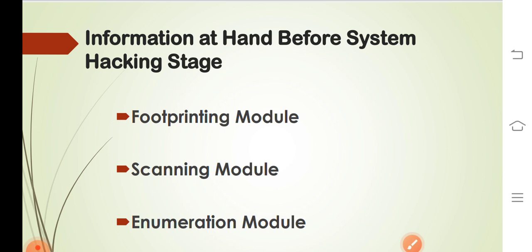However, it is possible that the attacker stumbles upon remote IPC$ shares in Windows that can be probed with the null session, allowing shares and accounts to be enumerated. So these are the before hacking stages.